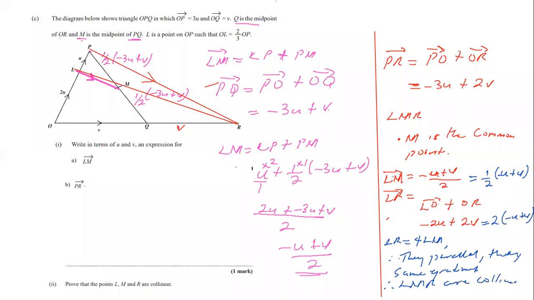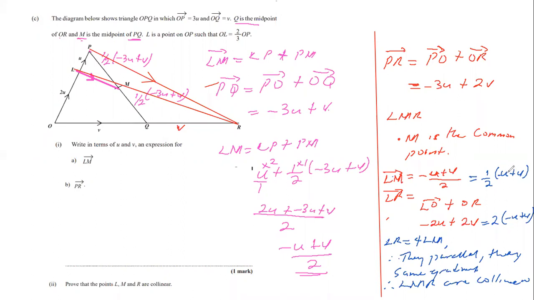So how do you determine if 3 points are collinear? Rule number 1, they have to have the same common point. Rule number 2, they have to have a common factor. But how do you know that they have a common factor? They have to be multiples of one another. So realize that LR is 4 times LM.